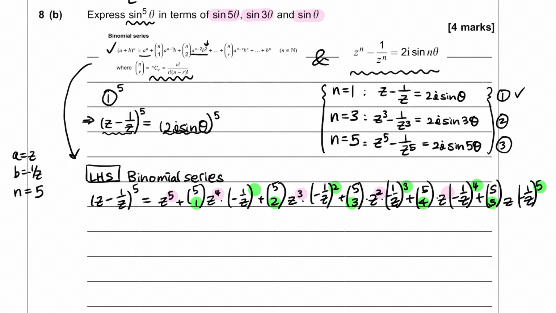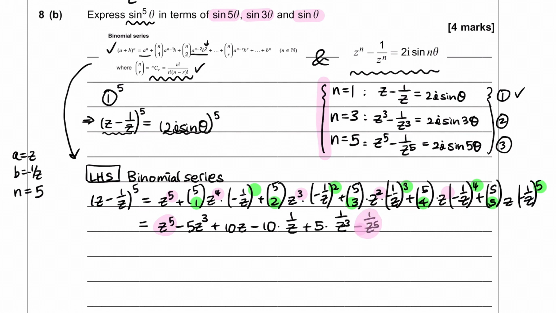If you find the value of nCr using this equation, it simplifies to this. So this is why I started with finding all three equations by substituting n equals 1, n equals 3, and n equals 5, because now we can combine terms with the same power.